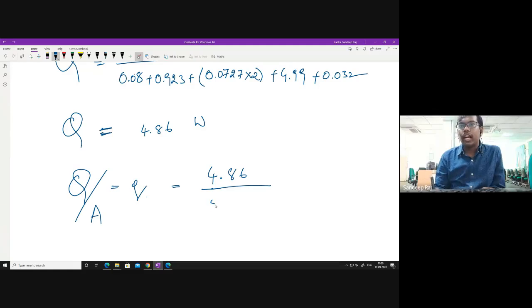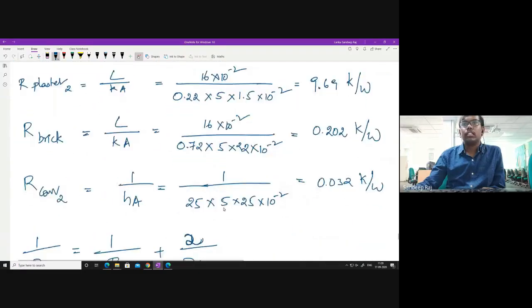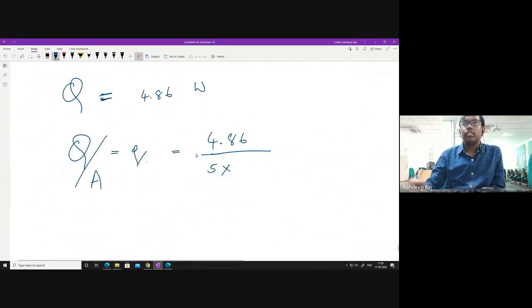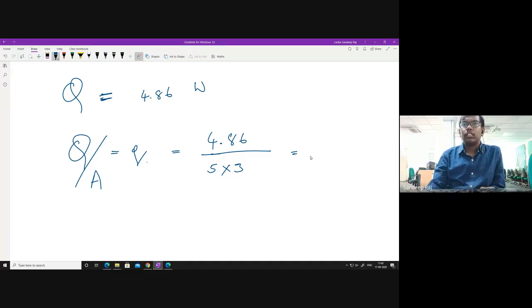What is the area? The value given in the question is 5 into 3. Sorry, this should not be 3 here.